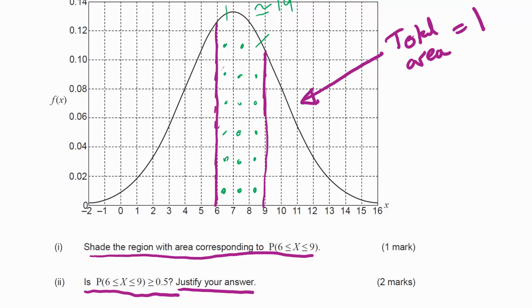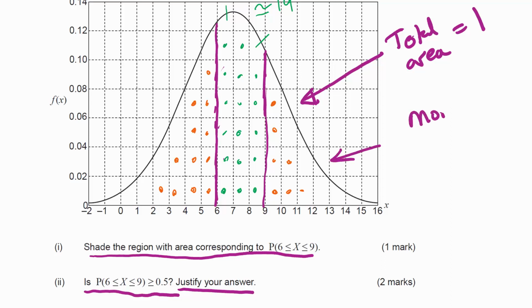What about outside? So we've got 1, 2, 3, 4, 5, 6, 7, 8, 9, 10, 11, 12, 13, 14, 15, 16, 17, 18, 19, and there's definitely more area there. So we could use some sort of indication like that there is more area outside.